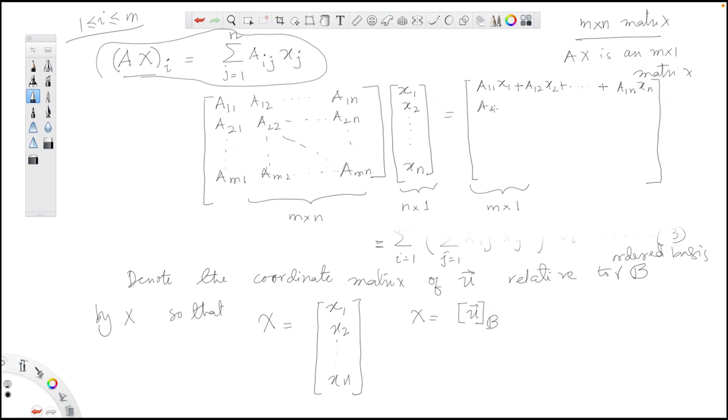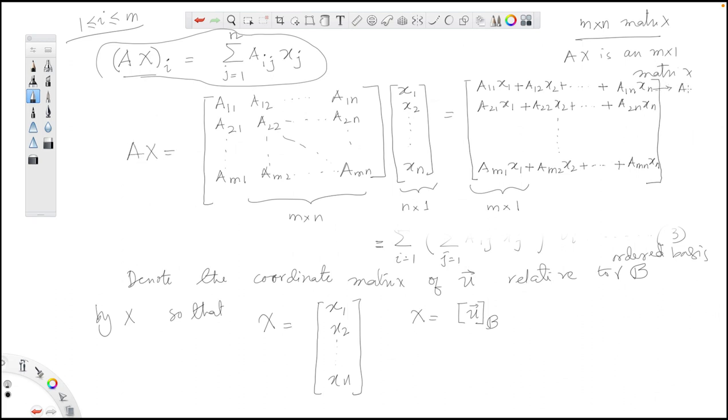The second entry is A21x1 plus A22x2 plus all the way up to A2n xn. And finally one has this entry Am1x1 plus Am2x2 plus all the way up to Amn xn. So this is the matrix AX.